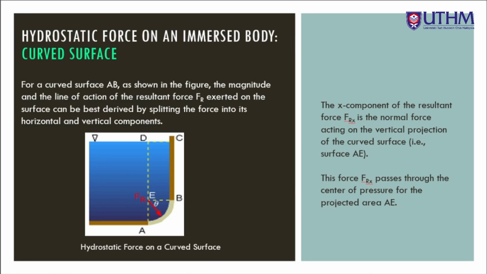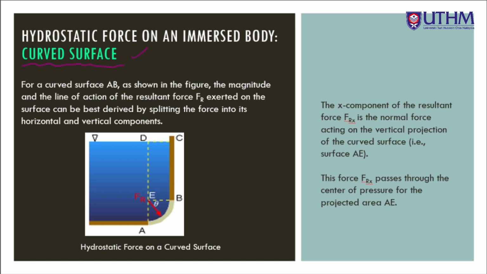Okay, next kita pergi kepada hydrostatic force on an immersed body, in which kita consider a curved surface. So sebelum ni kita hanya consider on plane surface, tapi this time around kita consider if let's say it has a curved surface.